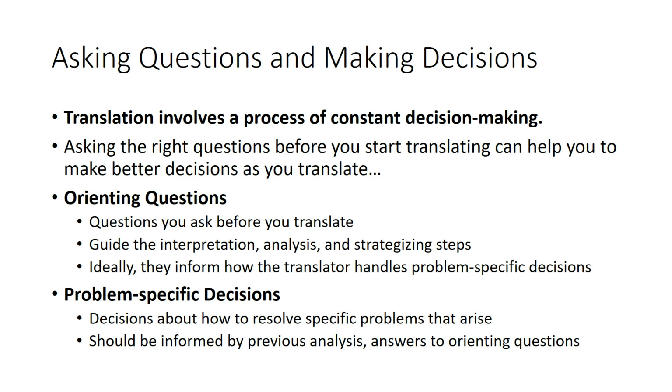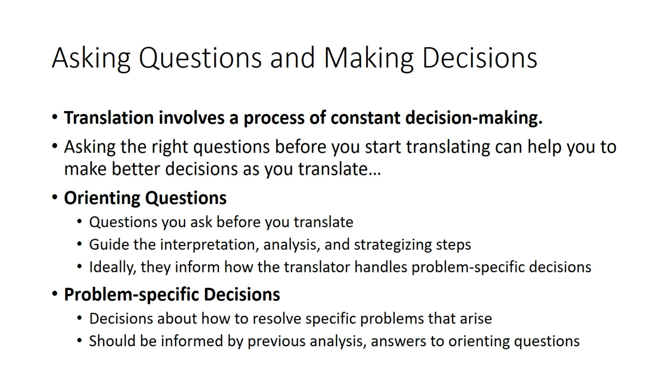What are orienting questions? Orienting questions are questions you ask before you translate. They guide the interpretation, analysis, and strategizing steps in the 5-part model I just outlined. Ideally, your orienting questions and how you respond to them is going to inform how you handle problem-specific decisions.